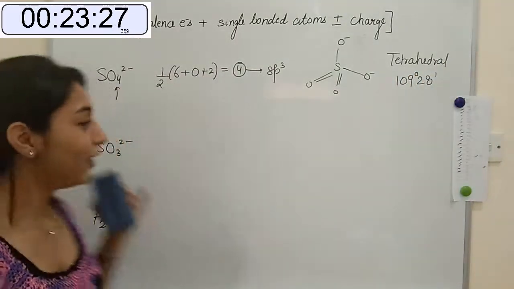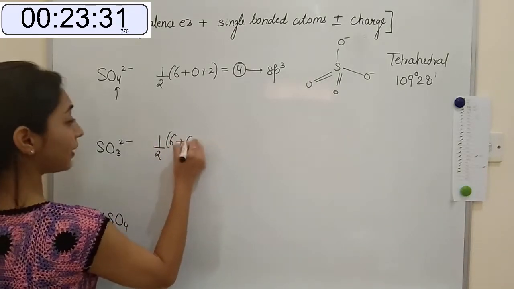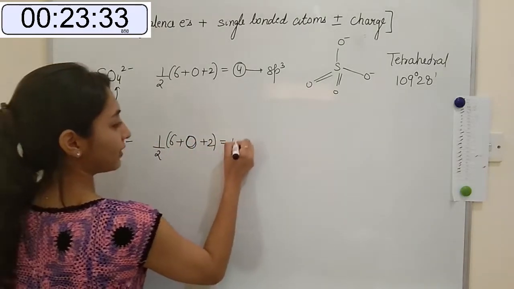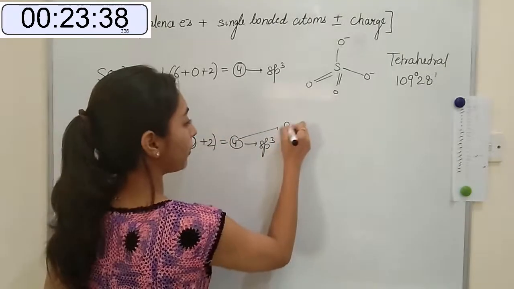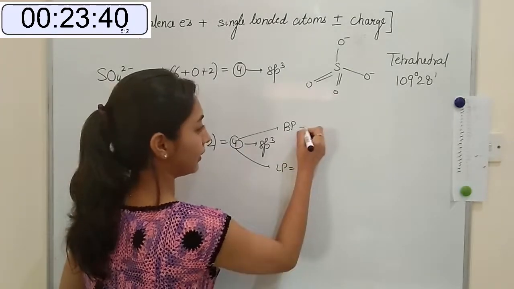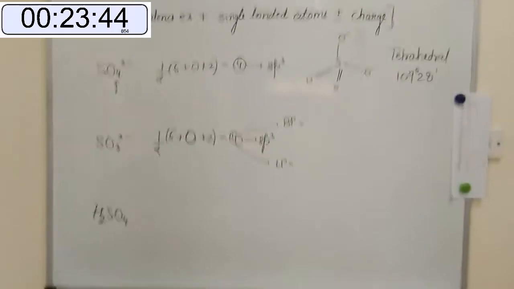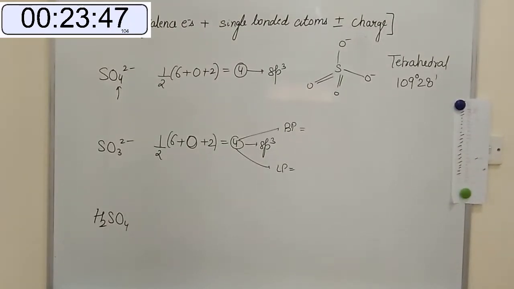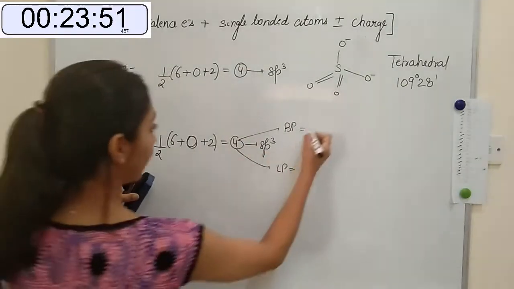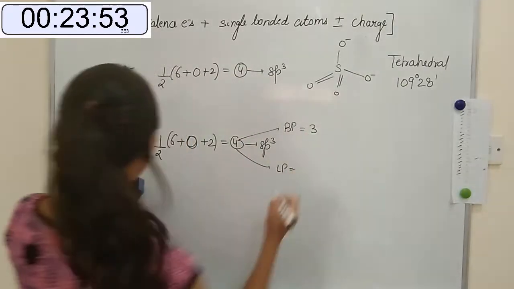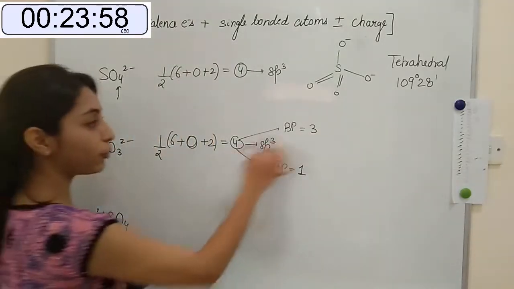Moving on to SO3 2-, half. 6 plus 0 plus 2, which is again 4. 4 means sp3. Now how many bond pairs and how many lone pairs? So the bond pairs are 3, and the lone pair will be 1 because 4 minus 3 is 1.